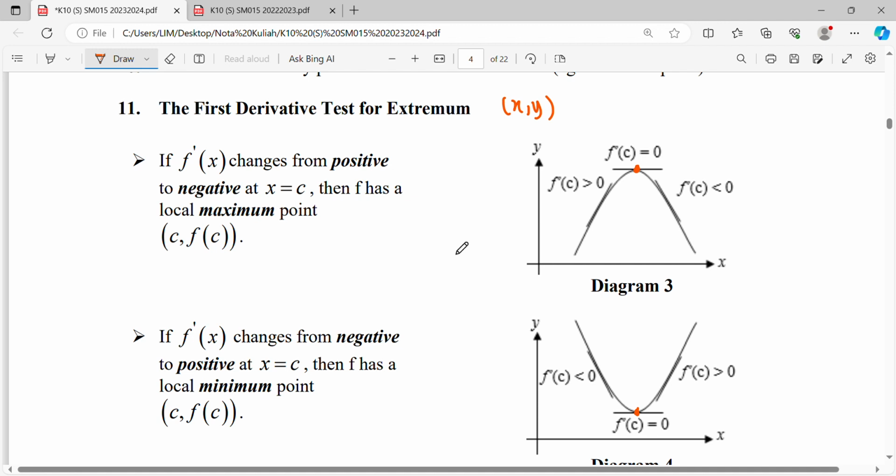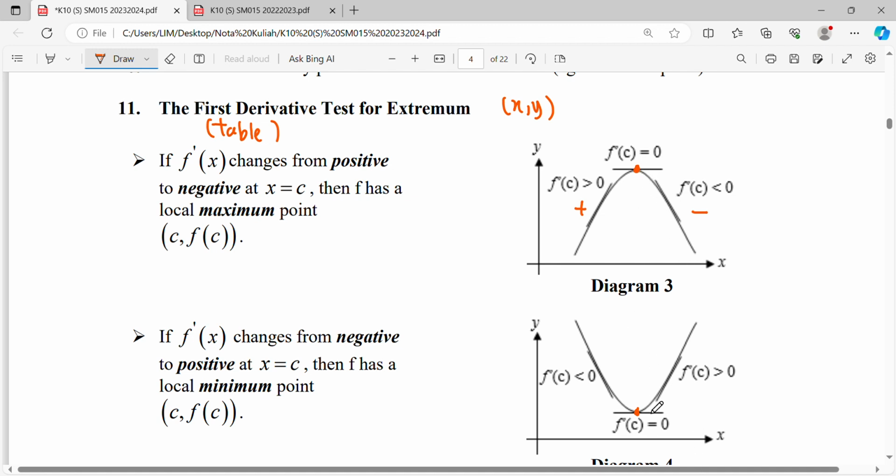When we do our first derivative test using a table, we have to analyze the interval before our point and the interval after our point. If the gradient changes from positive to negative, we can clearly conclude that this point is a maximum point.